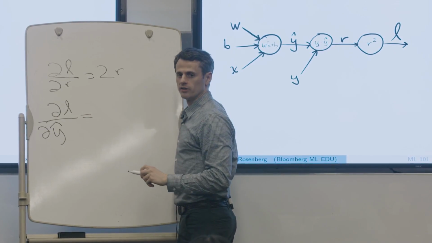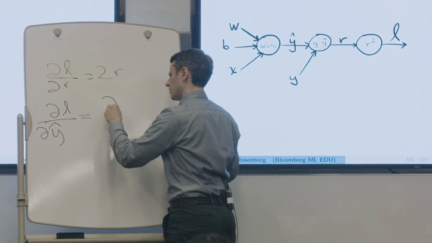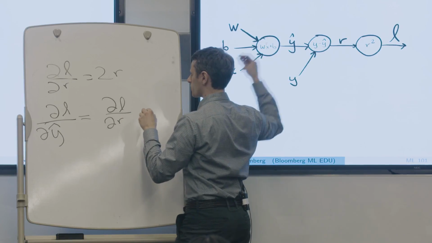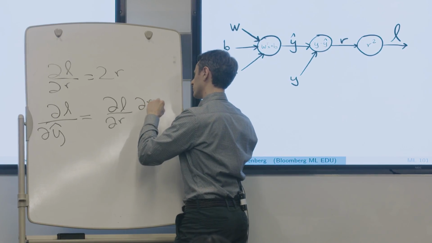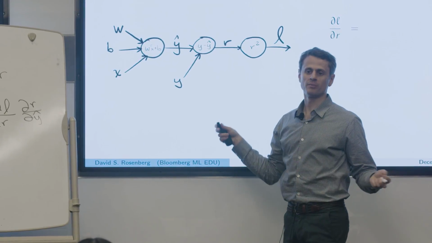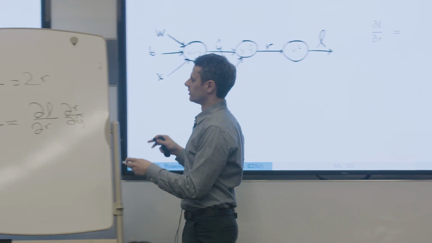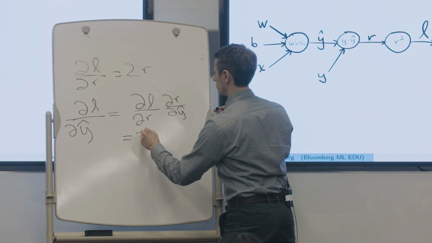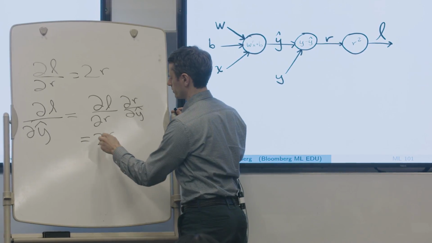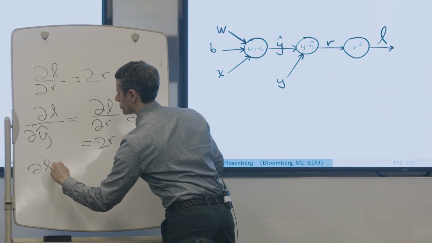Now we have some chain rule to do. Partial L with respect to R, and then R with respect to Y hat. There's only one path from Y hat to L, so there's no summation, right? Good. And this is 2R, and partial R with respect to Y hat is -1.